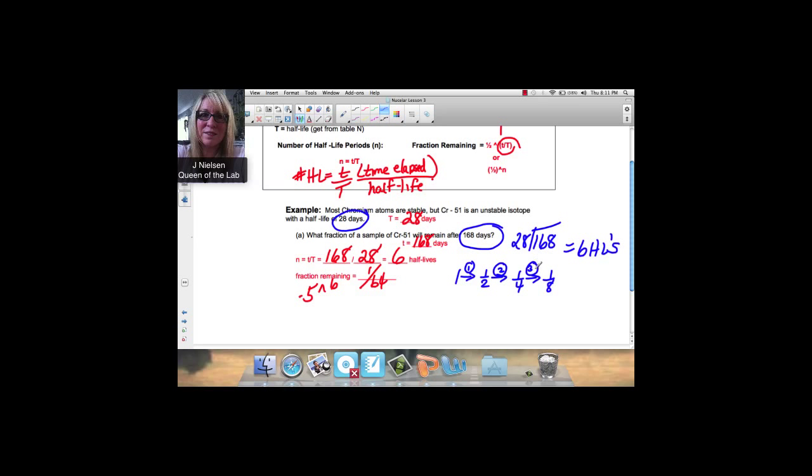After the third half-life, half of 1/8 is a 16th. After the fourth half-life, half of a 16th is a 32nd. After the fifth half-life, and then after the sixth half-life, I'm left with 1/64. So notice I got to the same exact answer without using any equations.